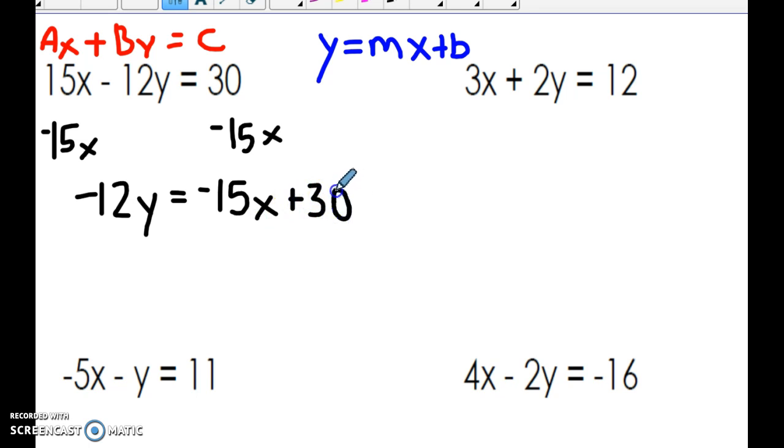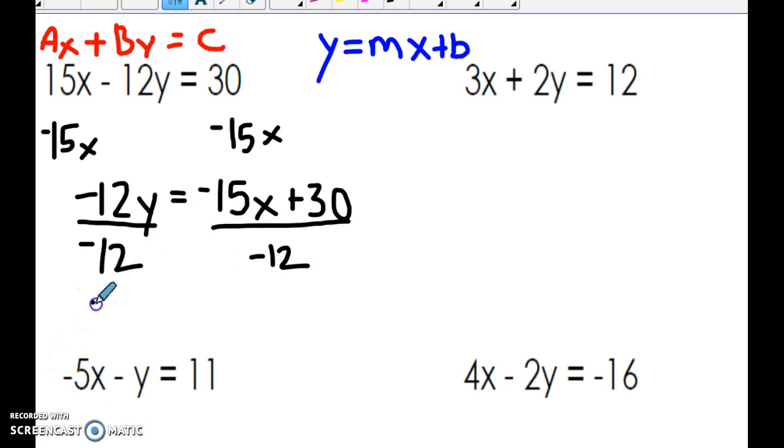It really doesn't matter if you just wrote 30 minus 15x, but you know that this is the form. Okay, one more step. I have this negative 12 with the y. So what am I doing with the negative 12 and the y? I'm multiplying. So in order to get the y by itself, I need to divide by negative 12. And if I do that on one side, I have to do that on the other side.